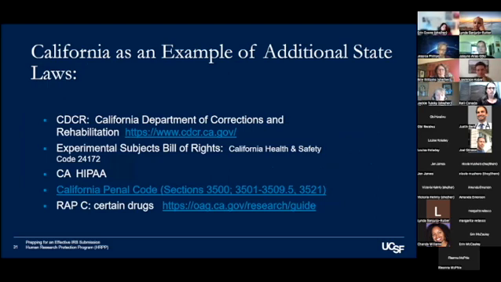As an example, California has the California Department of Corrections and Rehabilitation. There's also the Penal Code, but then there's our Bill of Rights, HIPAA, and another department. Your research might require that HIPAA applies or that the participant receive the experimental Bill of Rights. Again, this is something your IRB would help you with, or potentially your legal counsel.